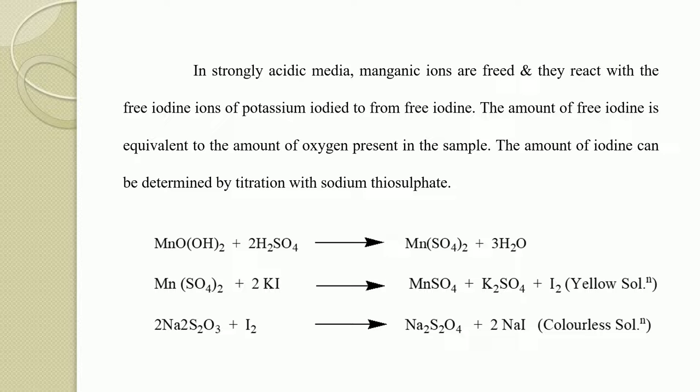So by calculating the amount of iodine which is liberated, we can easily determine the amount of oxygen in that particular sample. This amount of iodine can be determined by titration with sodium thiosulfate, and the reactions are as follows.